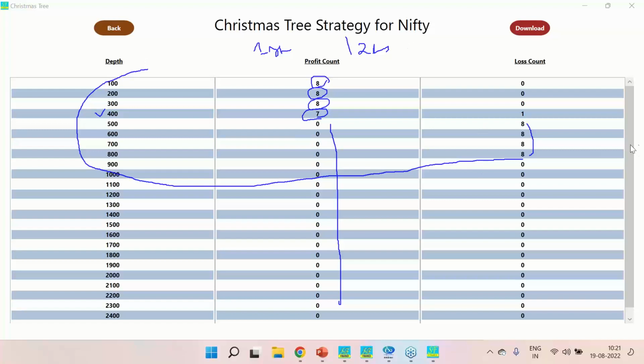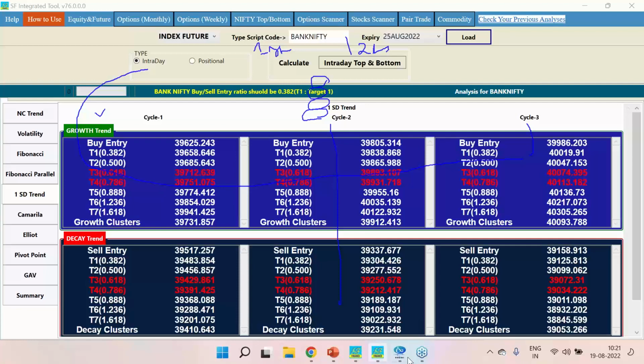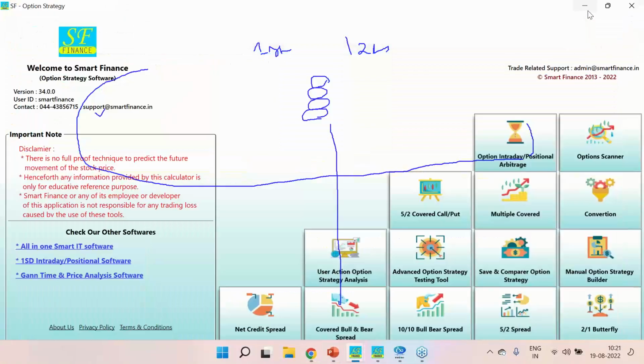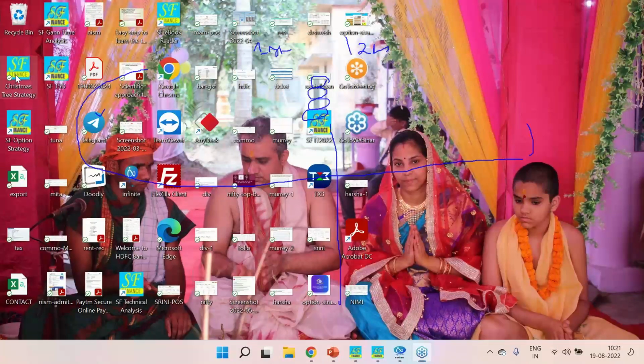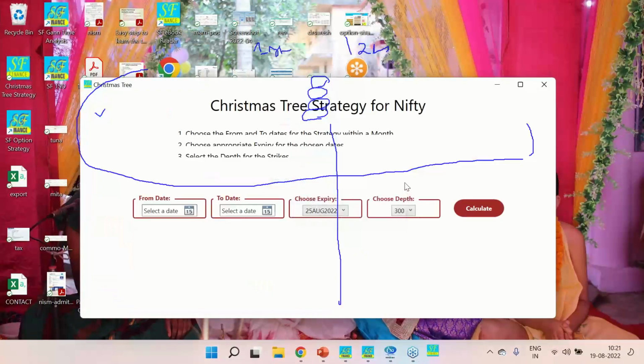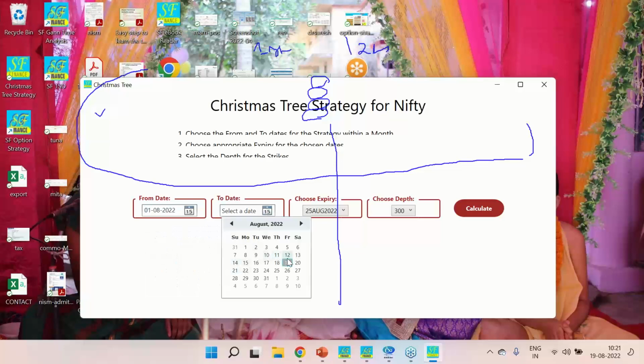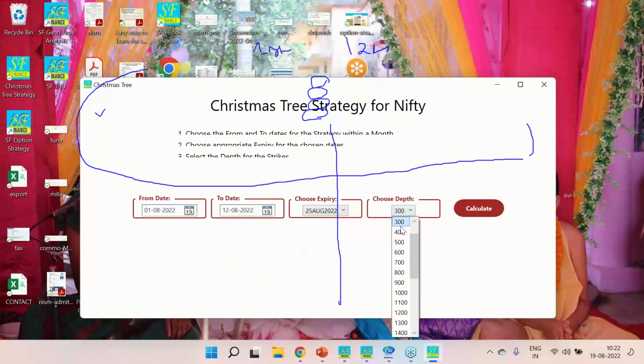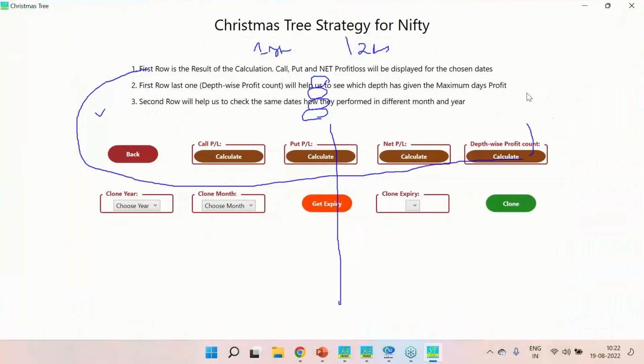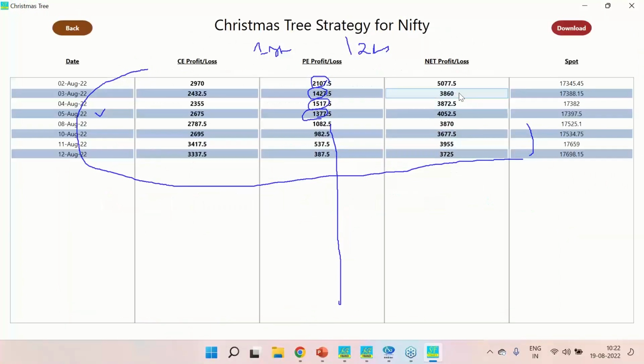What we wish to convey here is that strategies should not be blamed for the profit and loss. Our implementation style should be blamed. The same strategy, if formed with 100 point depth, will result in profit, and the same strategy, if formed with 500 point depth, will give you losses.